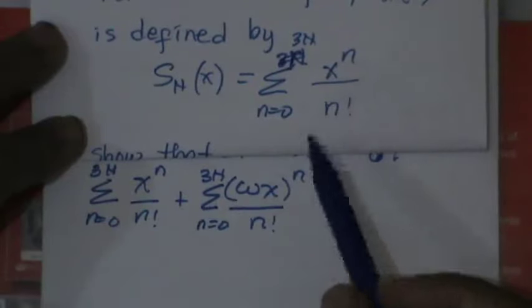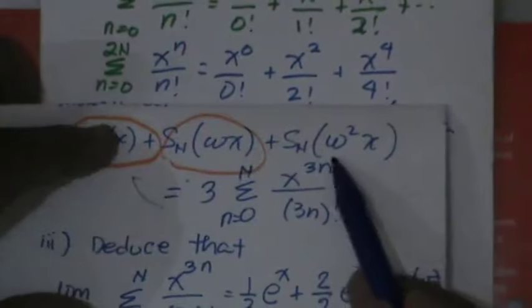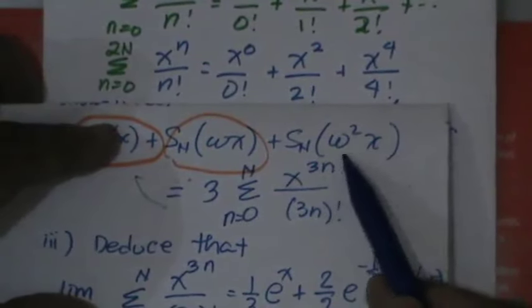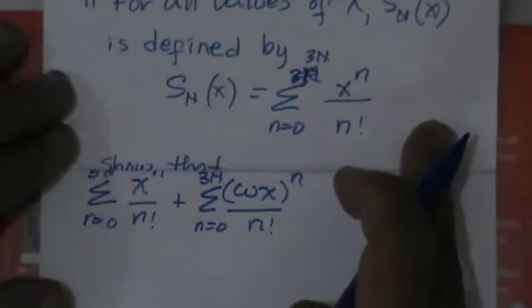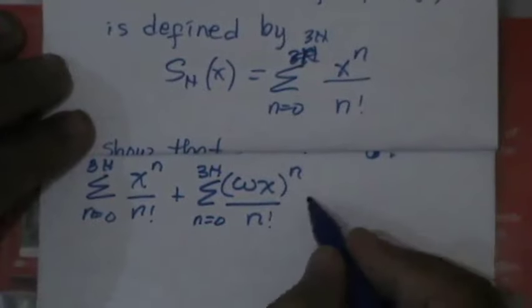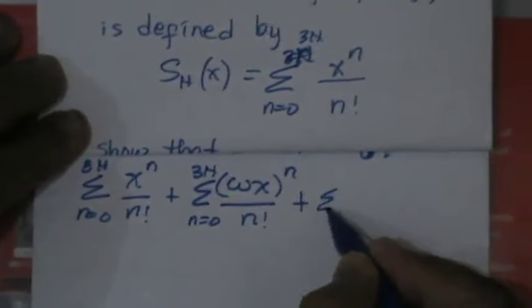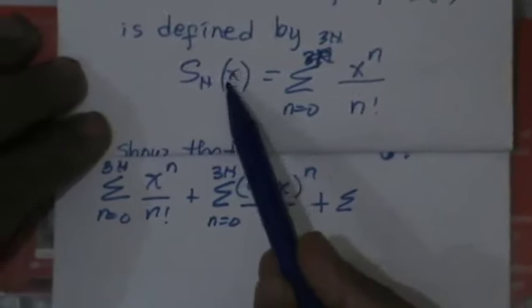And the other one is s sub n of omega squared x. So again, just follow the definition. That is now plus the sum of omega squared x.